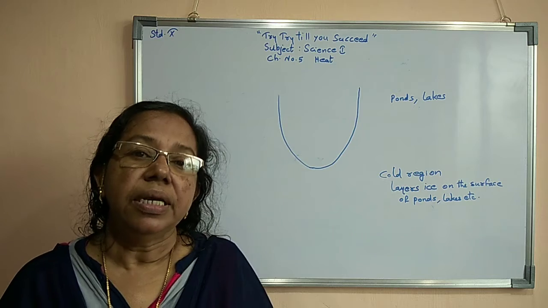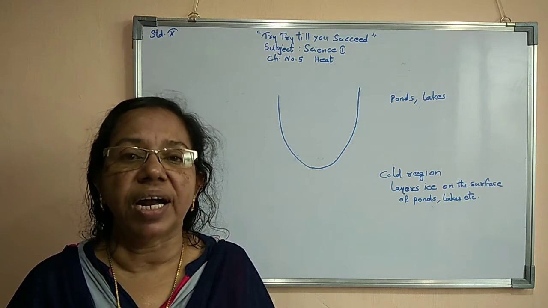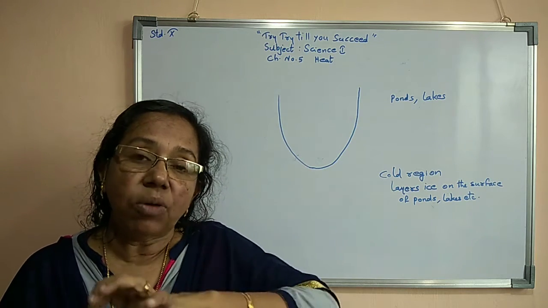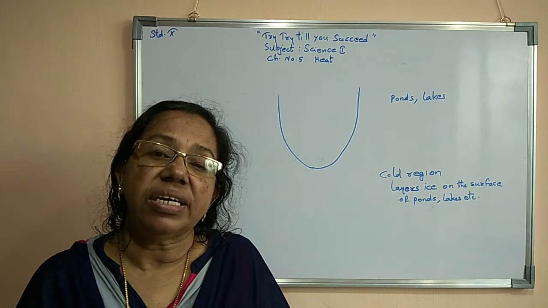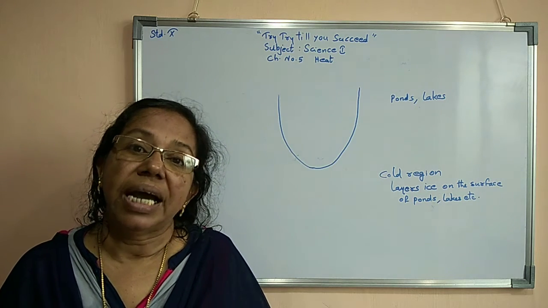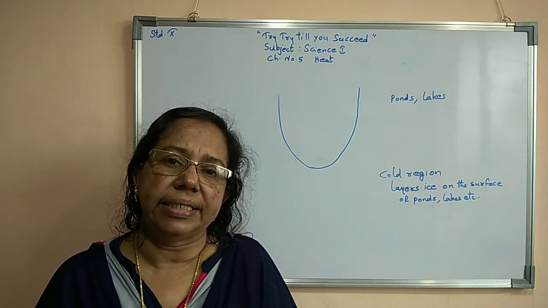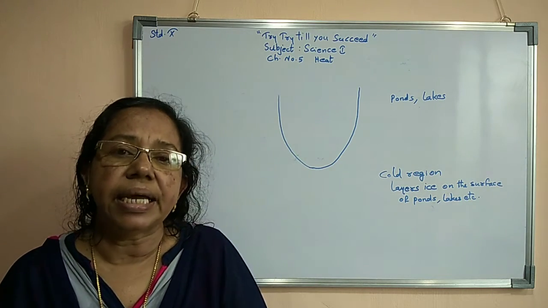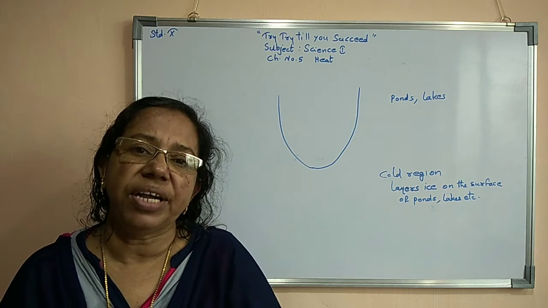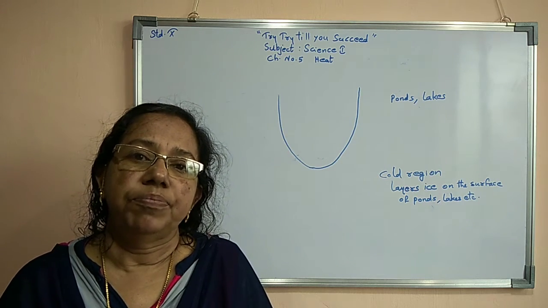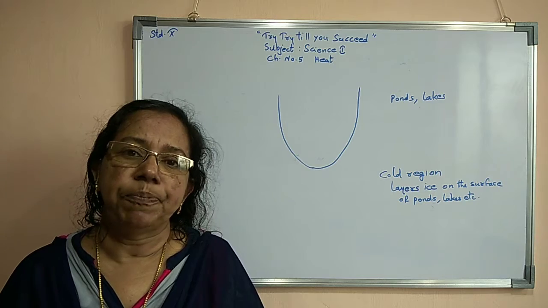But because of anomalous behavior of water, downside water never turns to ice, only the upper part turns to ice. As a result of it, night time animals are able to survive in the ponds as well as lakes.